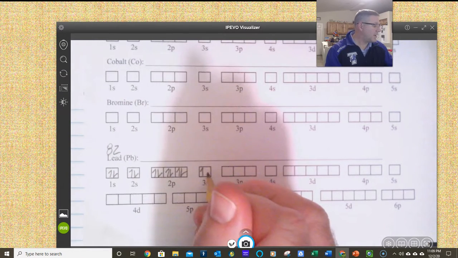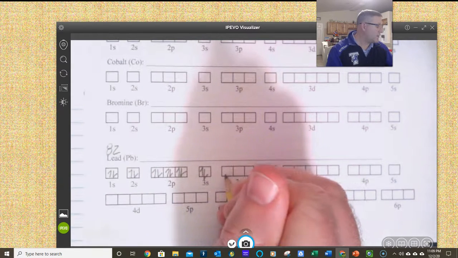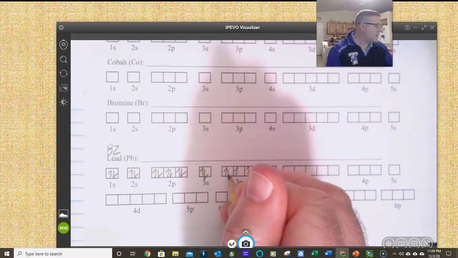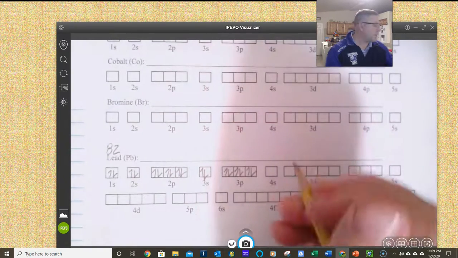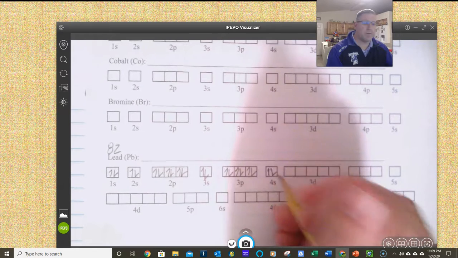Then the next set of electrons jump out to the 3rd energy level, and then 3s and the 3p is now filled. Therefore, we have to jump out to the 4s, 1 up, 1 down.